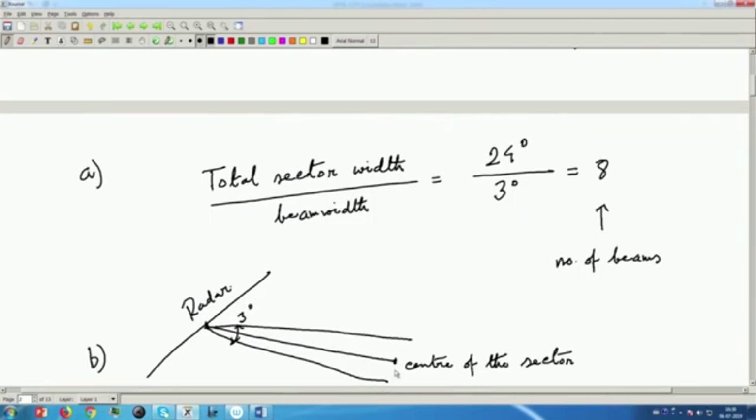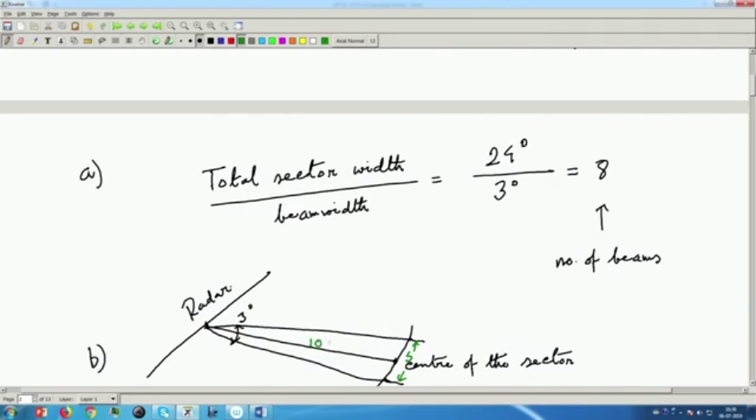How much does it illuminate? If I call this distance S, and it is said that the center of the sector is at an angle of 30 degree from the radar track, and the nominal slant range to the center of the sector is 10 kilometer.